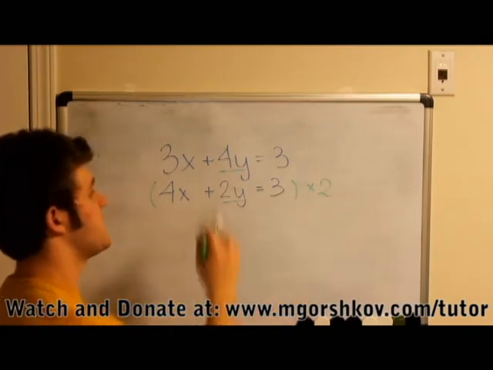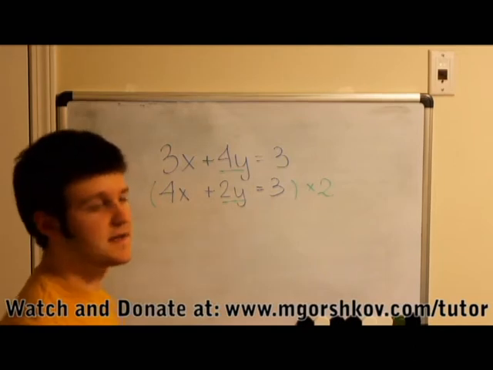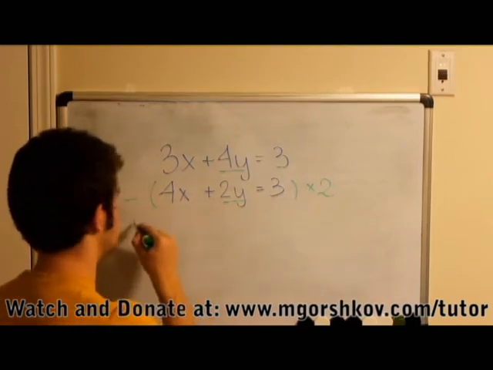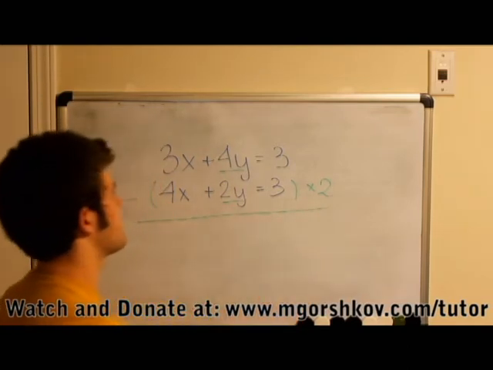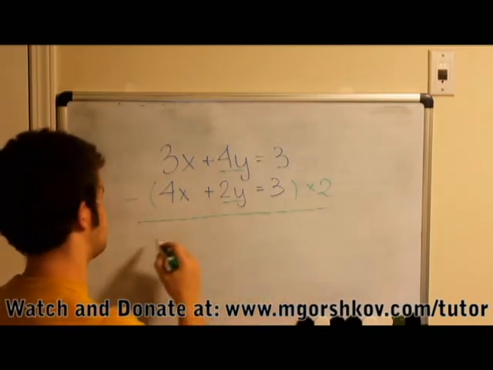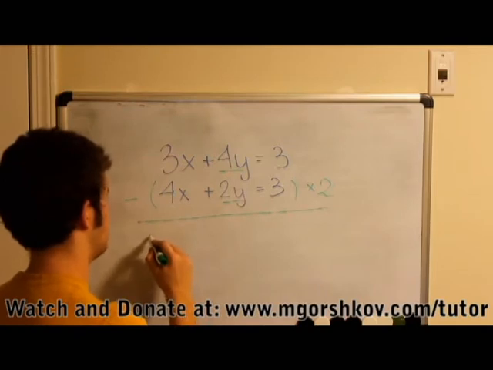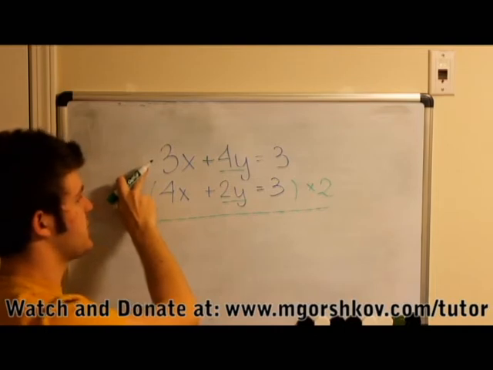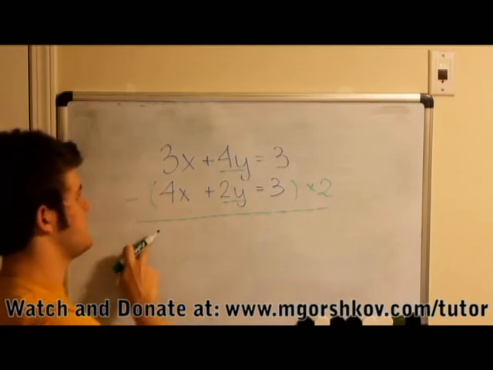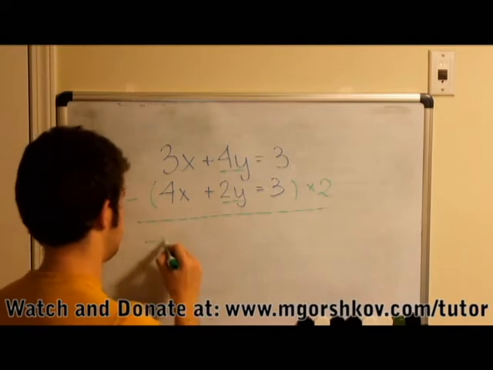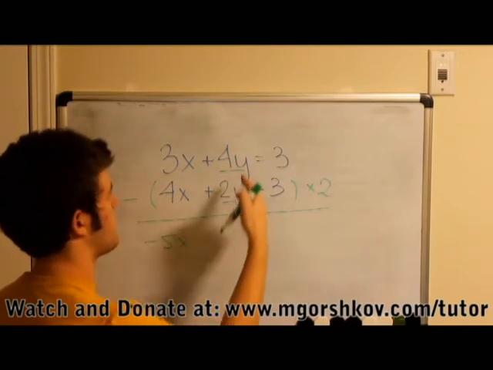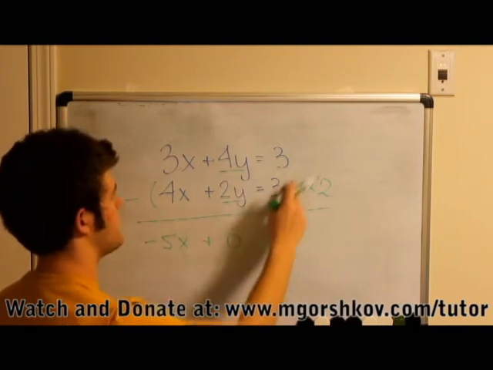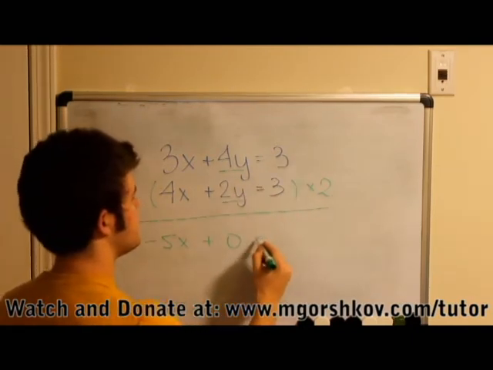And now, since we have something canceling out, we can add them. Sorry, in this case we can subtract them. So, at the moment, we have 3x minus 8x, 4y minus 4y, and 3 minus 6.